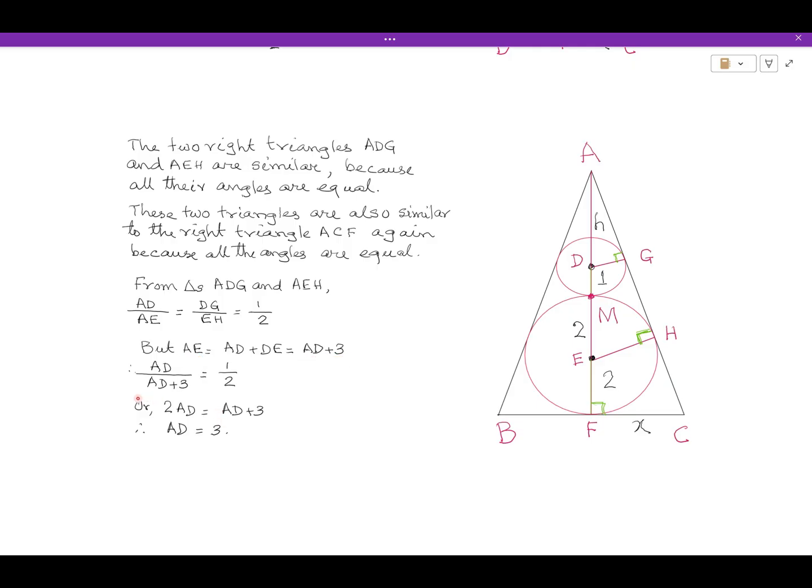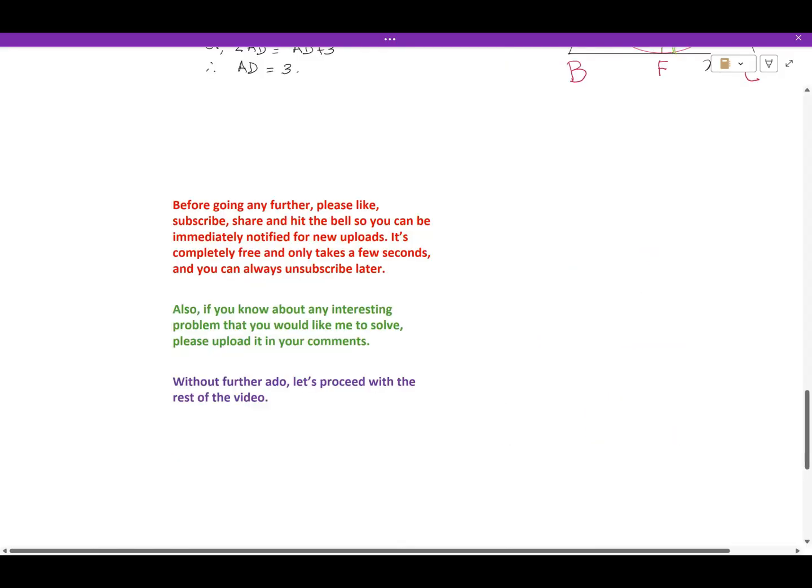Therefore, AD divided by AD plus 3 is equal to half. By cross multiplication, 2AD is equal to AD plus 3, or AD is equal to 3.